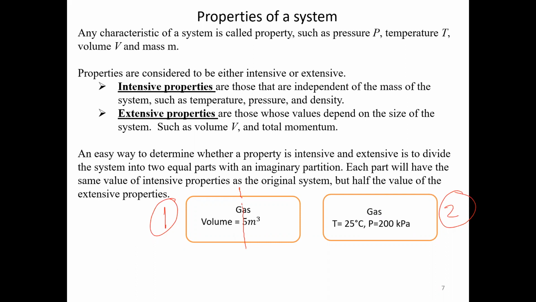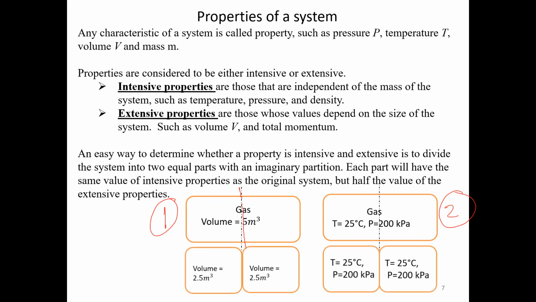Definitely the volume will change because I have 2 volumes now. Rather than 5 cubic meter, I will have 2.5, correct? So you can see here the volume reduced to 2.5 and here 2.5. So we call this an extensive property, because it changed when I changed the mass to part of the mass; the volume, of course, will change.